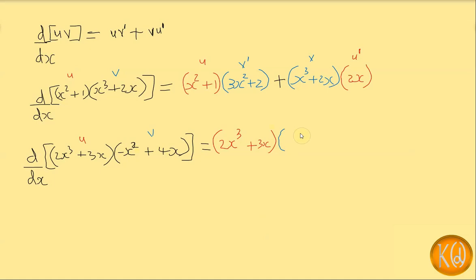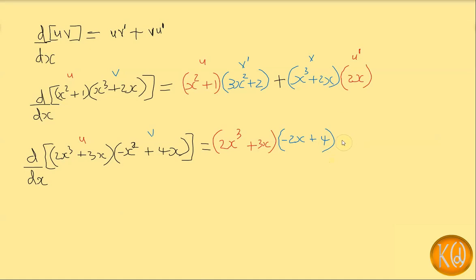You differentiate negative x squared, you're going to get negative 2x because you multiply by the power, reduce the power by 1, 2 times negative x to the 1, which is negative 2x, and we differentiate that 4x, you just get plus 4. Good.